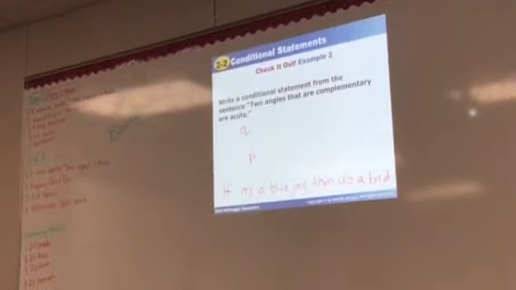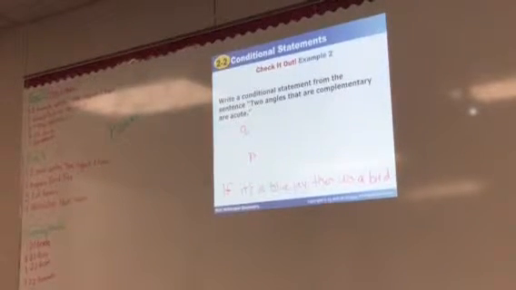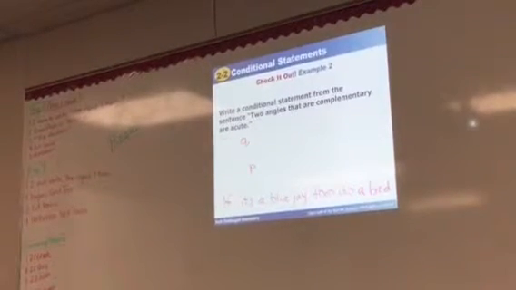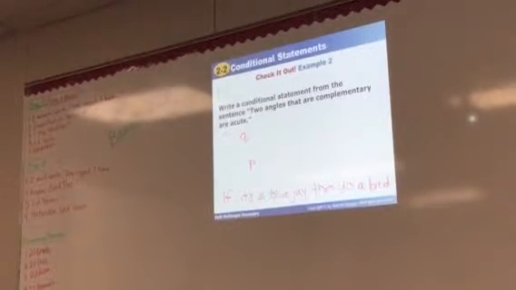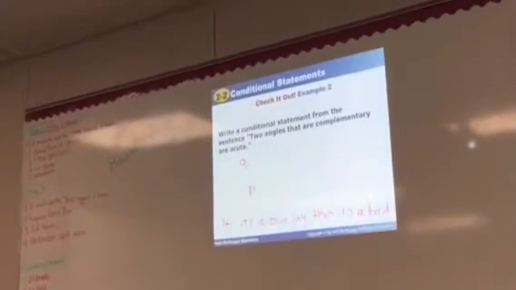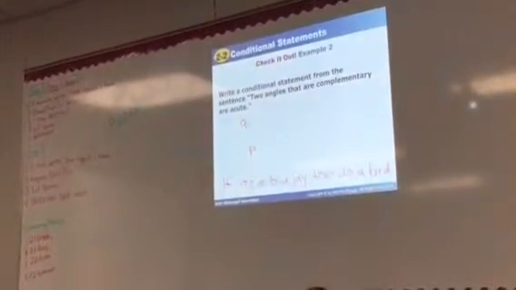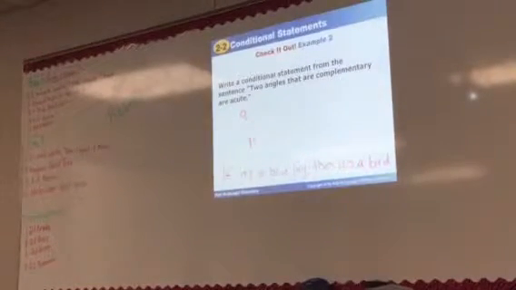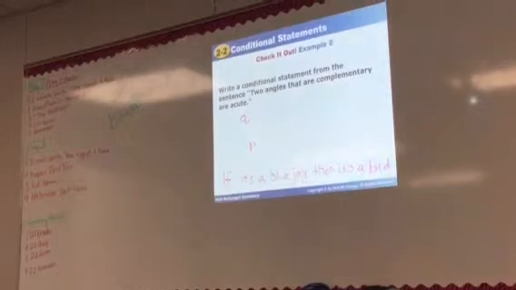Flip them, because we could have two acute angles without them being complementary.